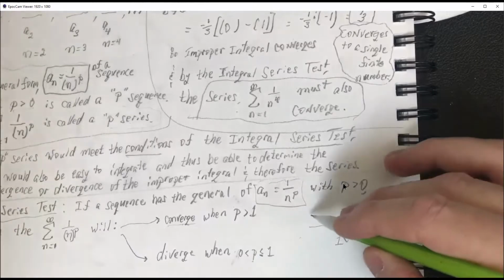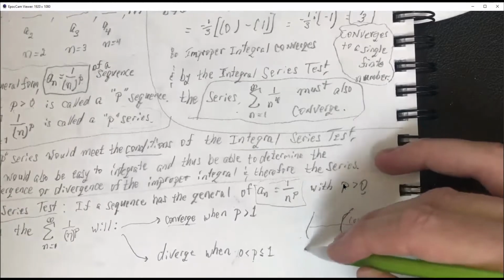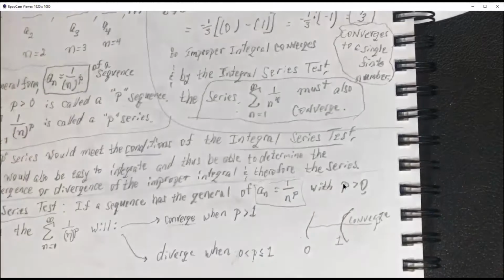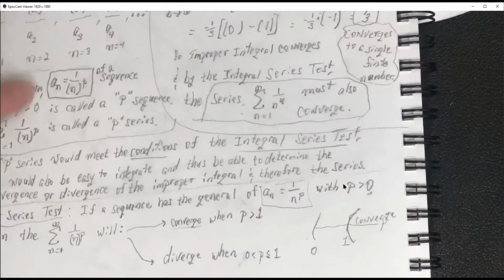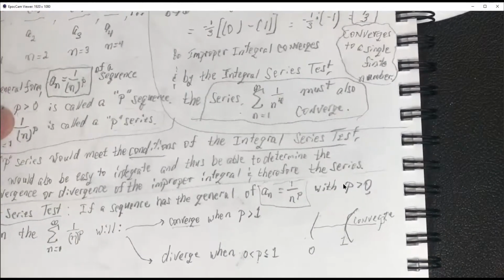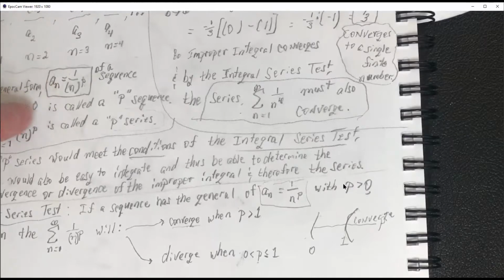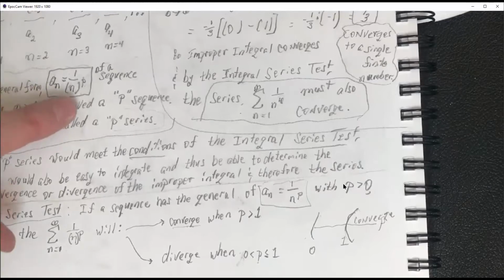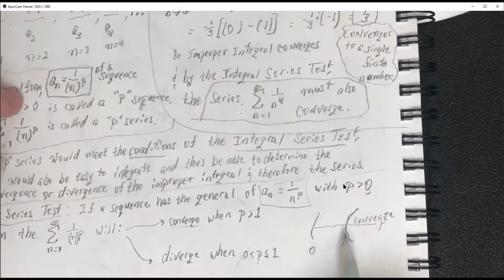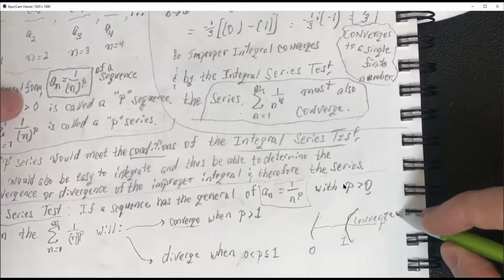But P has to be greater than 0. Up here, we have that. When it's written in this form, to be a P sequence, the power P has to be a real number greater than 0. So we're only looking at these values of P. So if P is greater than 1, then the series is going to converge.